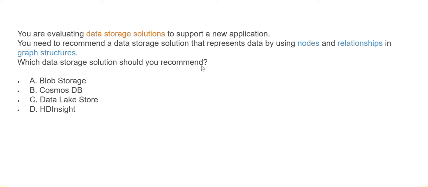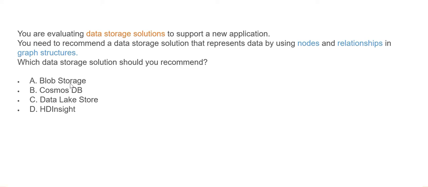So what we understand about graph structures is wherever you have edges and vertices, or nodes and relationships. Under Cosmos DB we have Gremlin API, which is a straight fit for this question. I would not go into the details of others. Blob storage, for example, we all know is used for storing images and video files.